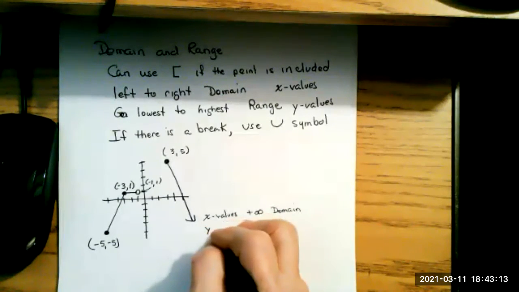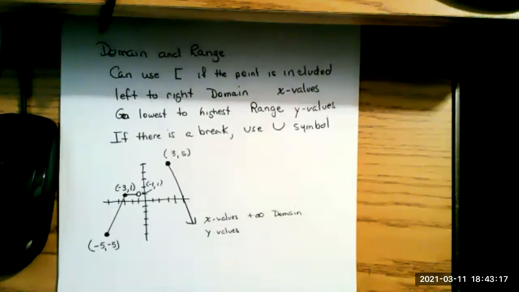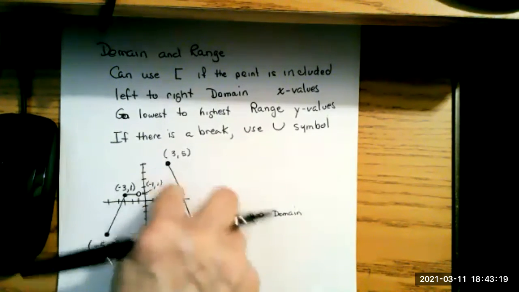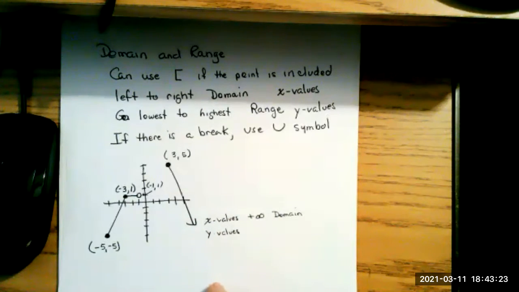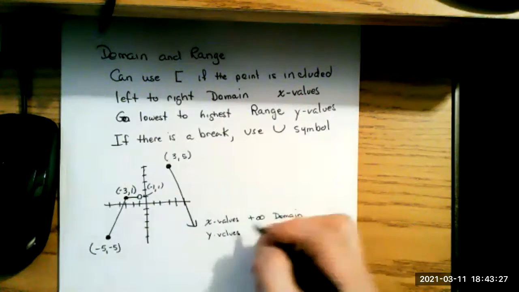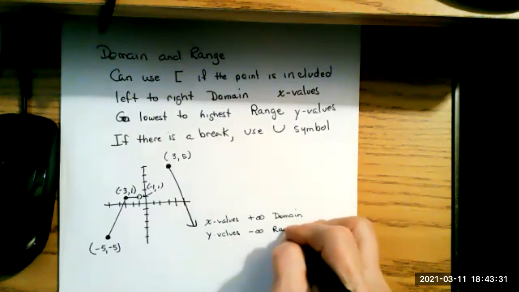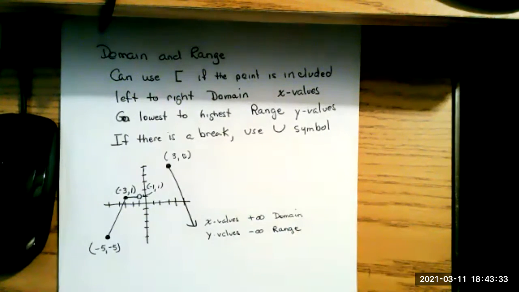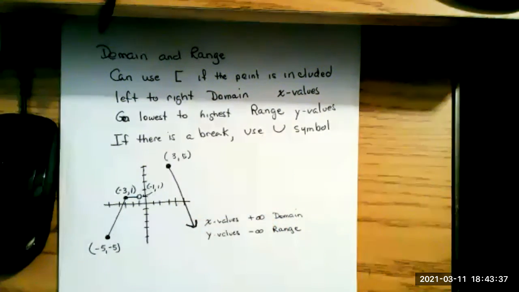The y values going down, let's see what that's doing. If it's going down, down, down, I would have -5, -7, -10, -100. Those are getting smaller. So that's going to negative infinity for the range. So be careful on those that have the arrows. Those are really tricky.